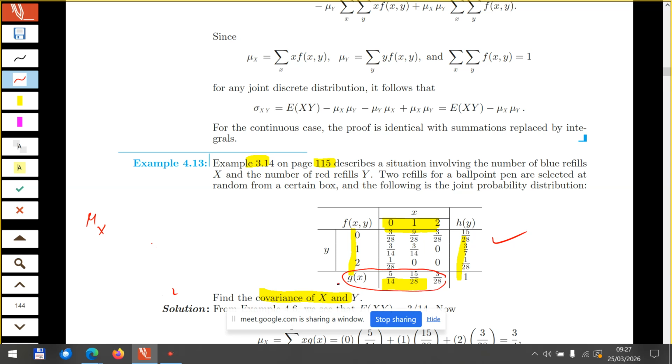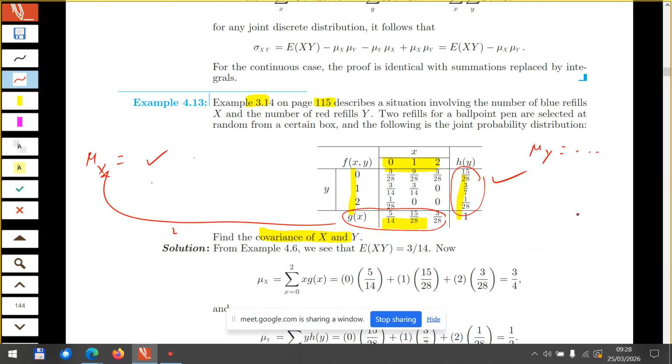Then the mean of y, for which we will use this distribution, and try to replace this h of y with f_Y of y, and this g of x with f_X of x, to be very clear.